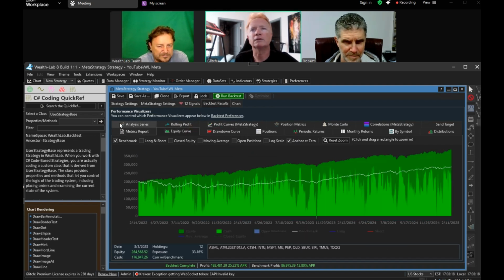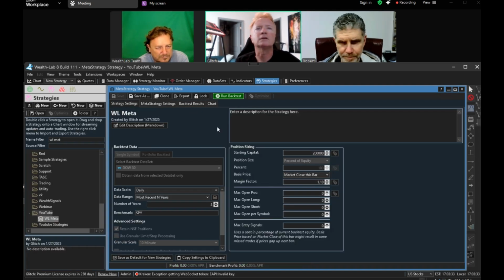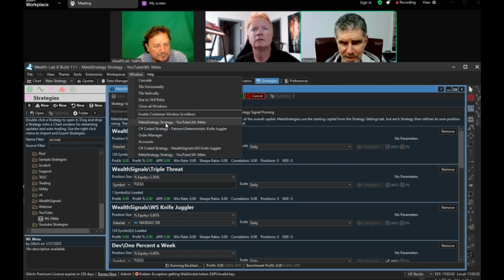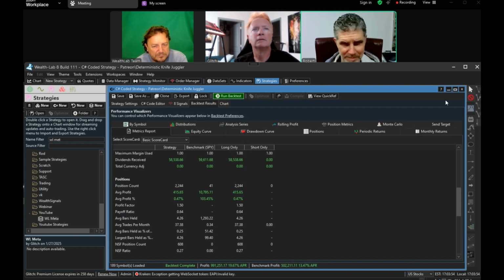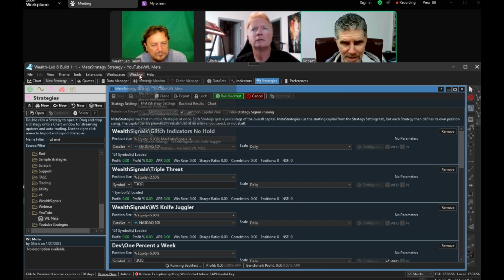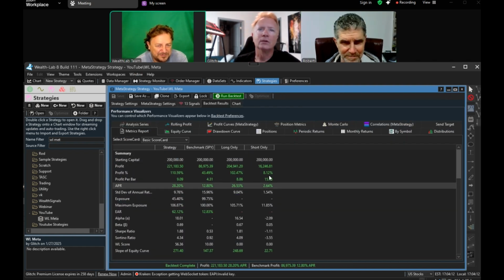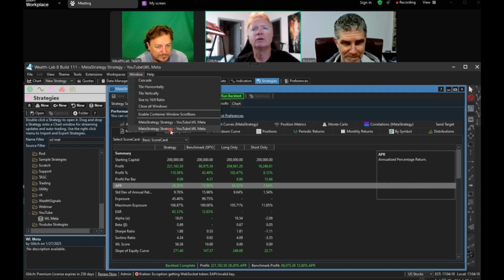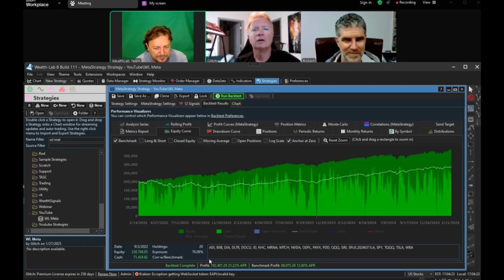And I'm going to open this. So if I run this again, since I'm reloading it now, it should have the change that I put into the knife juggler. With the extra 5% APR, that one should be way on top, I'm going to guess. Well, we got an annualized of 28.2% compared to 25.22.